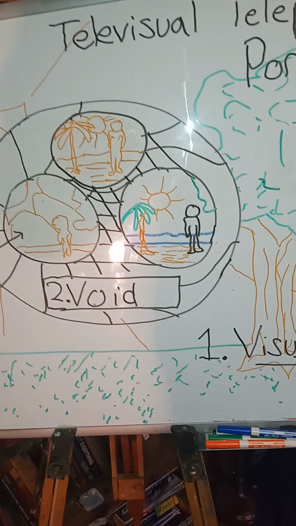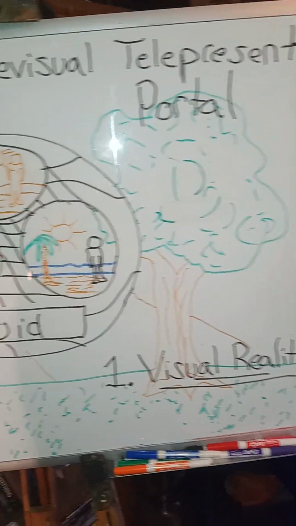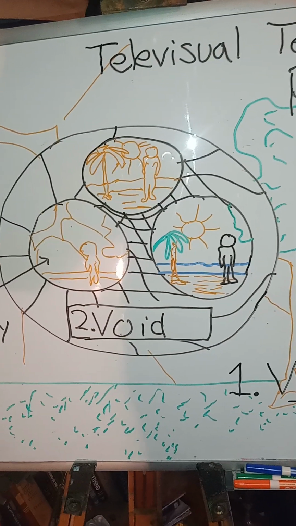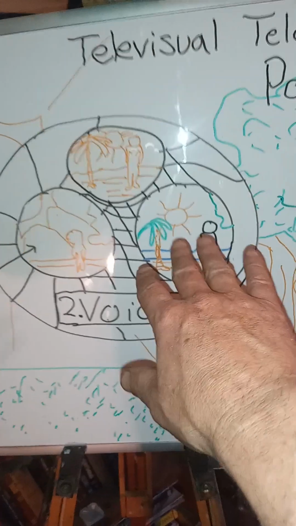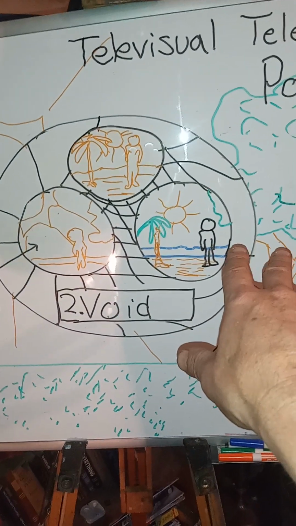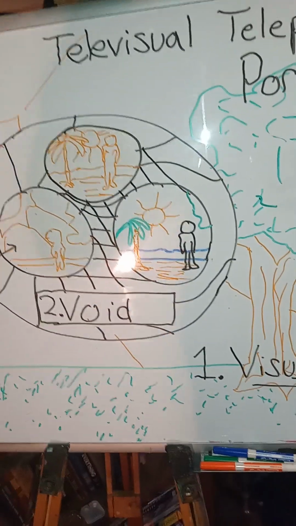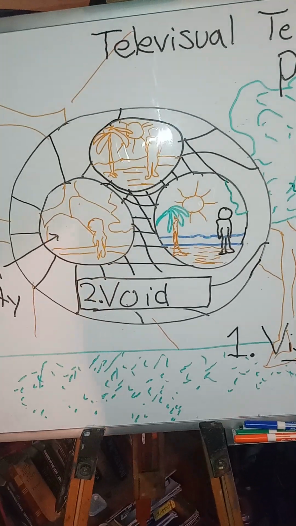And lastly, the thing that I'd like to say is that when you can get a televisual telepresent portal to entangle and instantly transmit its holodeck environment to the other visual telepresent portal, that qualifies it as a cosmic portal because it's entangled.